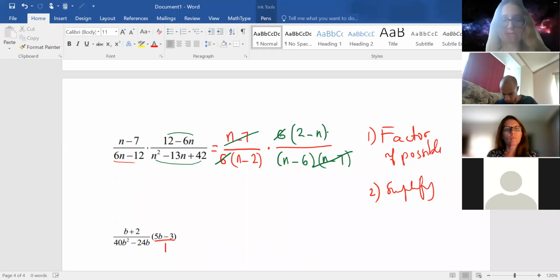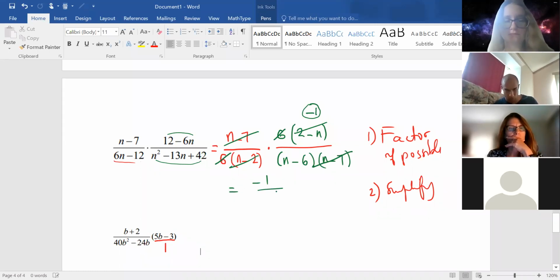So every time we cross out two opposites, what do we have left? Negative 1. So we would just end up with negative 1 over n minus 6. If they were exactly the same, it would be 1. But since they happen to be opposite, it is negative 1 left, right?